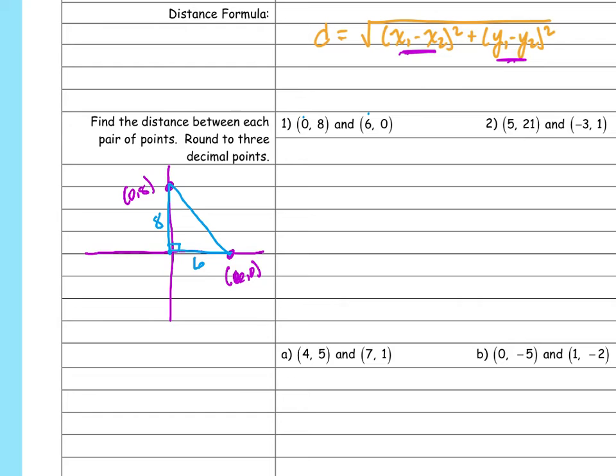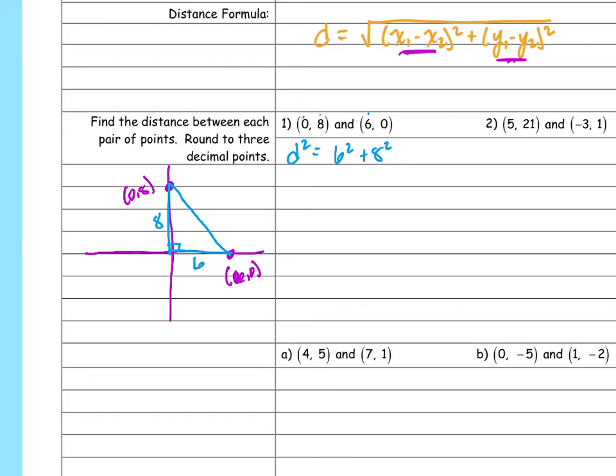And the difference between 8 and 0, well, that's 8. So now I have a squared plus b squared equals, instead of c, I'm going to say d, my distance, because that's what I'm looking for. So d squared is going to equal 6 squared plus 8 squared. It'll make more sense when I talk about the other points that don't have 0 in it.